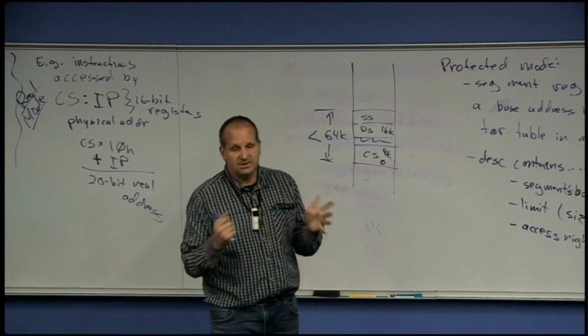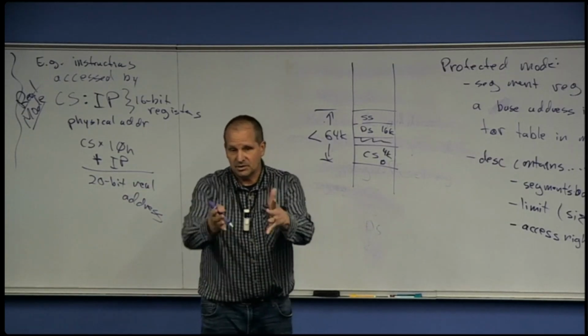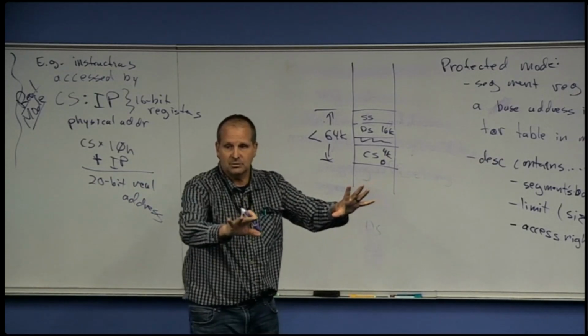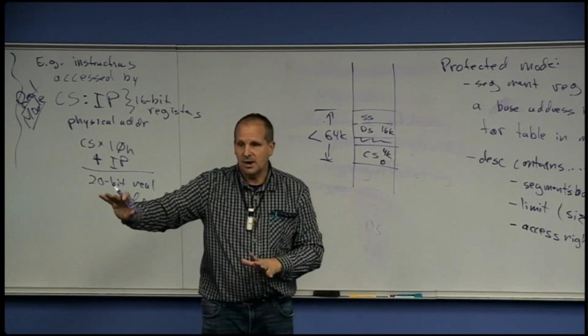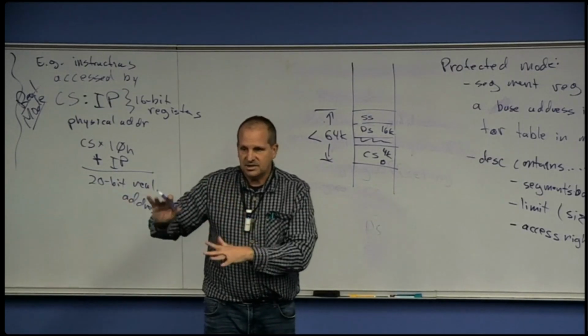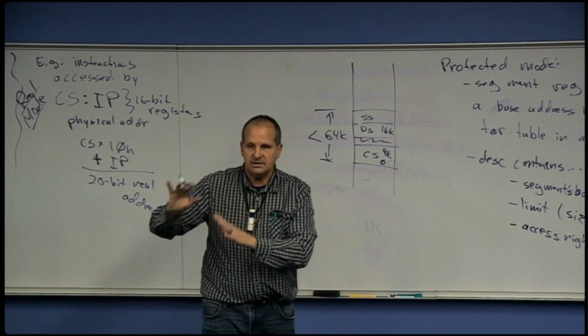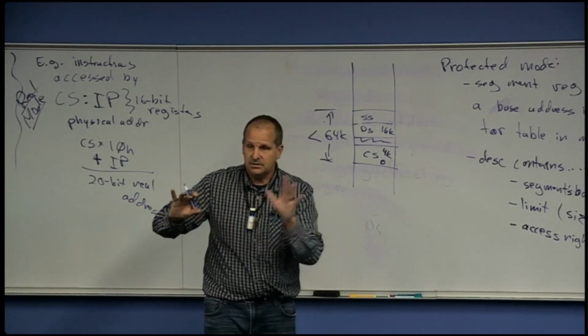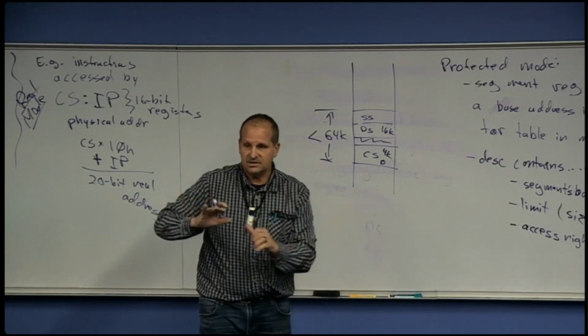More specifically, and more common on a personal computer like your laptop, you got Excel running over here, you got Word running over here, and you have your browser over here. Each one of those has data segments and code segments that are allocated to that application. Do you want your Excel stuff accessing the browser?